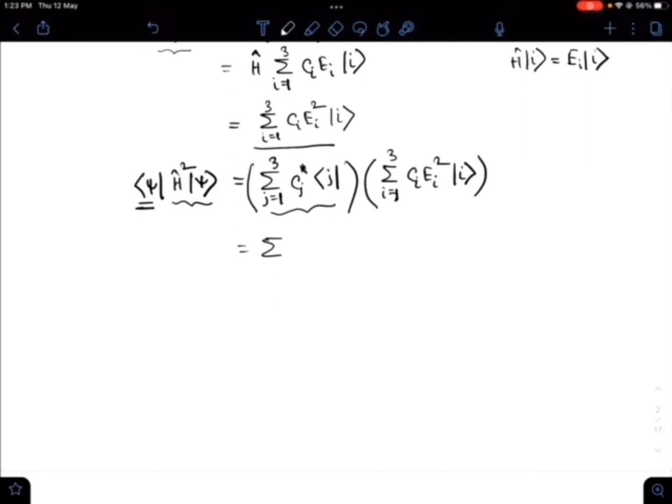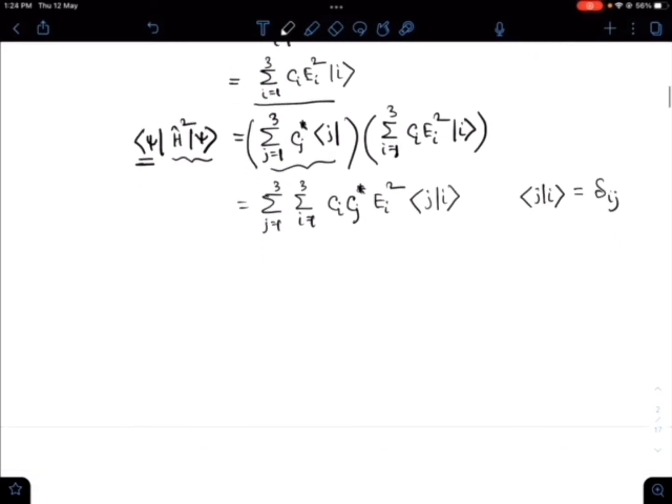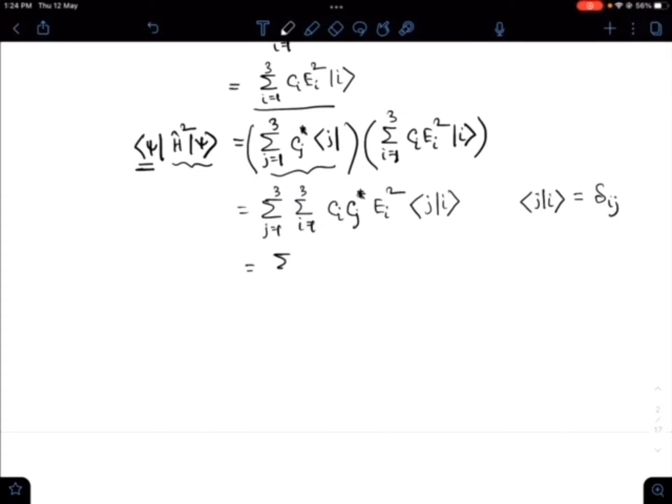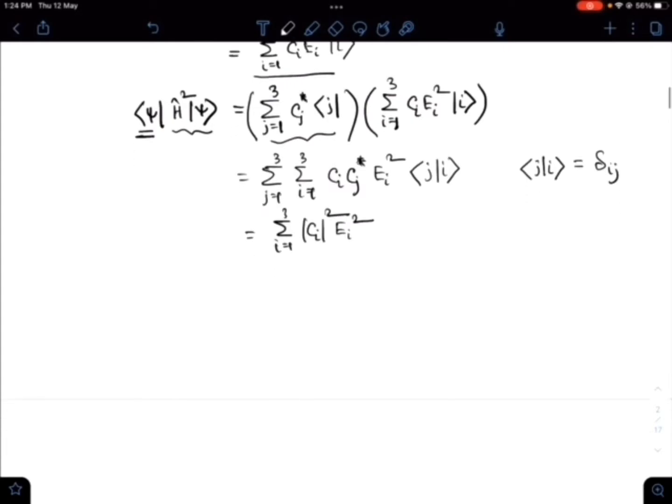So evaluating this, the double sum over j and i of Ci Cj* Ei^2 <j|i>. We know from the orthonormality condition that <j|i> is delta ij. So we can write this as the sum over i of Ci^2 Ei^2, and we know these values.